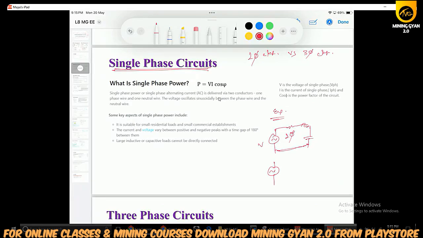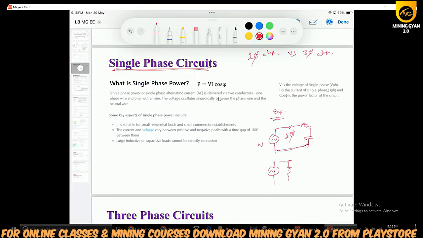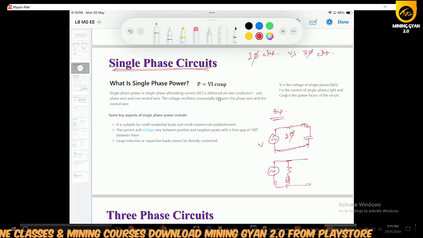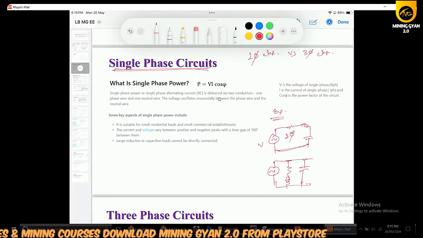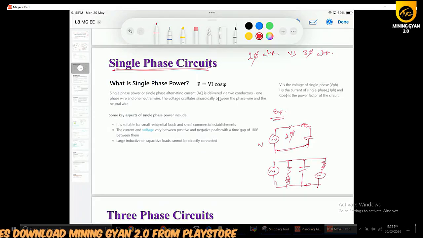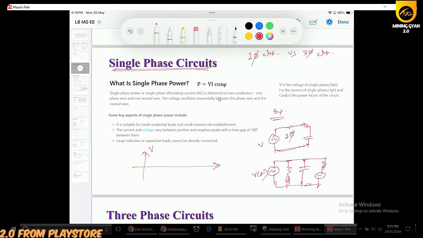Likewise, this is also a single phase circuit. Why? Because the voltage source is like this. There is only one phase.